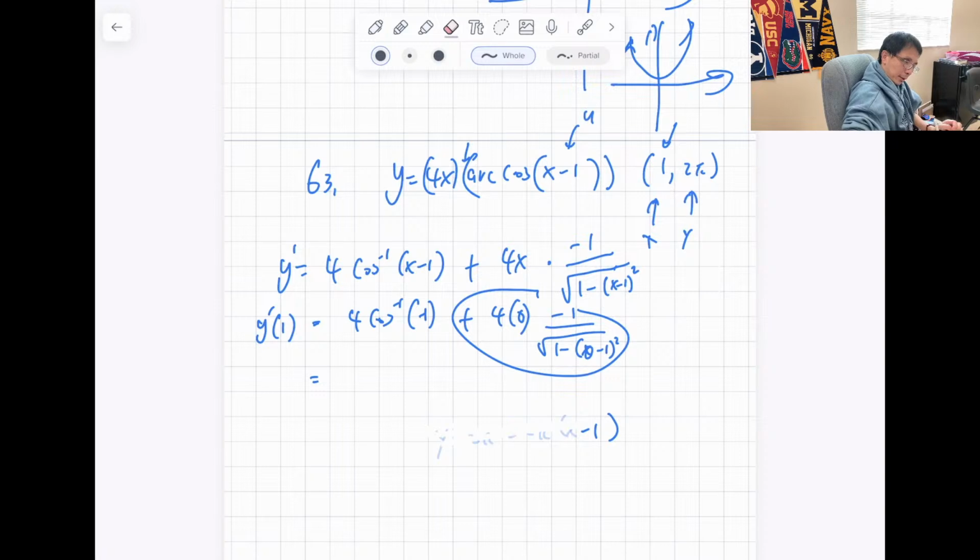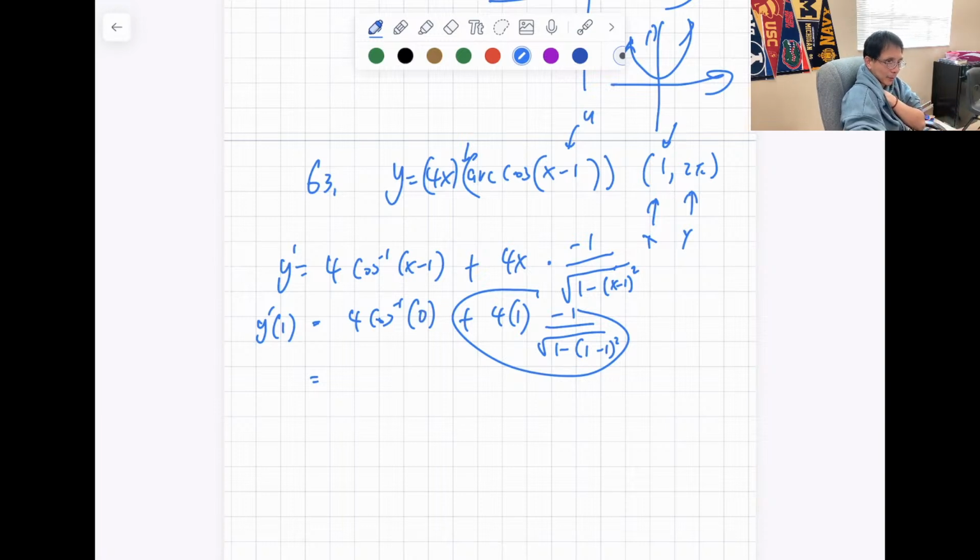Let's go back and redo this part. This is a 1. I thought it was 0 for some reason. My brain is not working. 1 minus 1, and if I plug in 1, that's 0. I don't know why one side I plug in 0, one side I plug in 1. So this one's a 4.